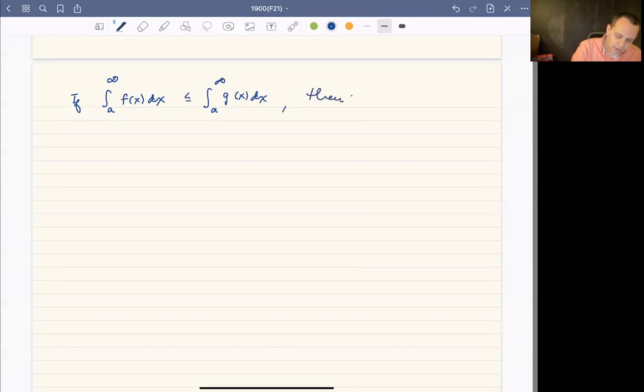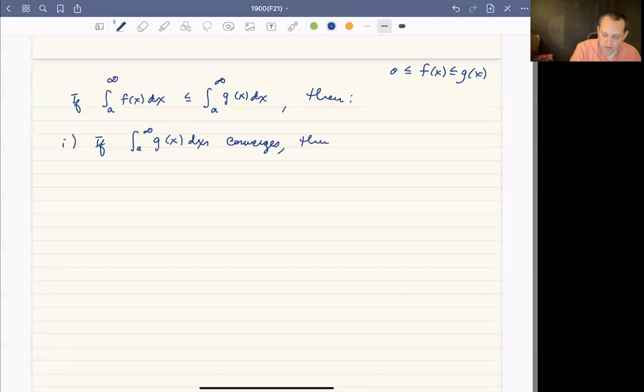We know that if the integral of g converges, and let's say, by the way, let's just say that everything is positive. Otherwise, this isn't true. But if the integral of g converges, then so does the integral of f.